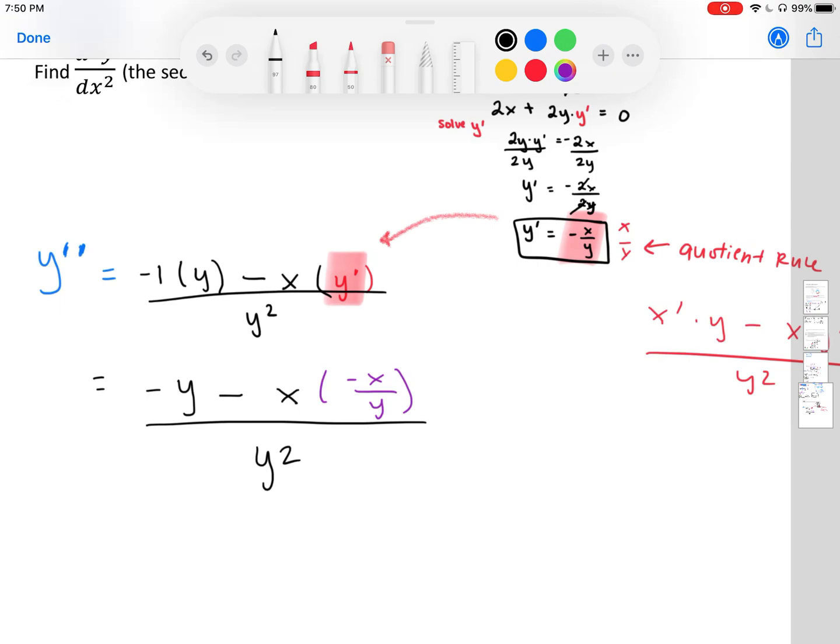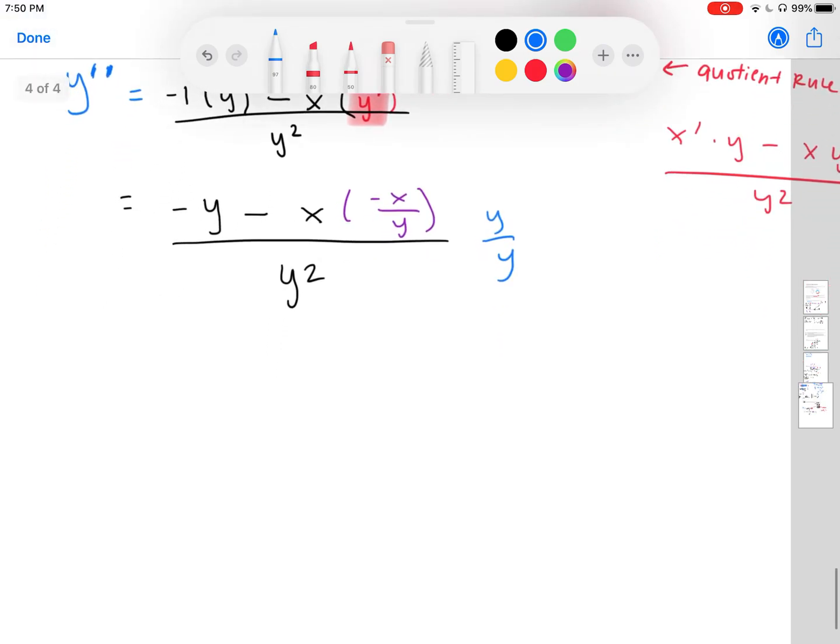Okay, let's go ahead and clean this up. Let's multiply a y on top and bottom to get rid of that y in the denominator, so that I have negative y squared plus x squared equals y squared.